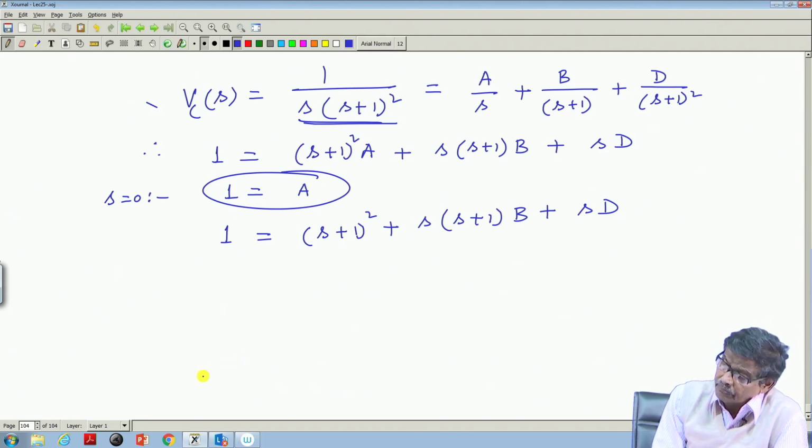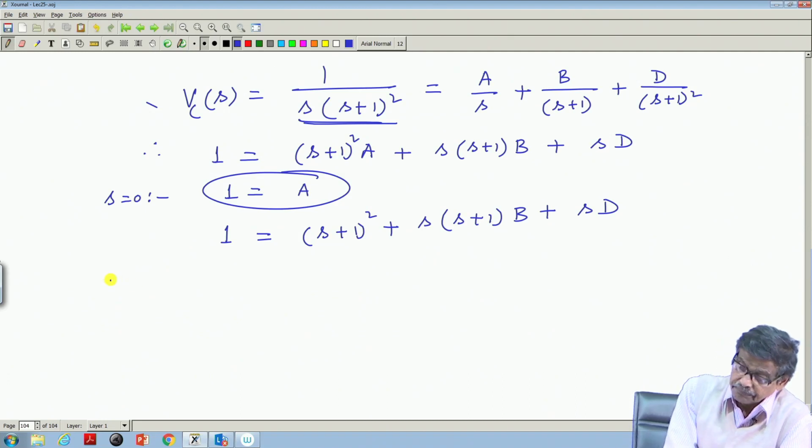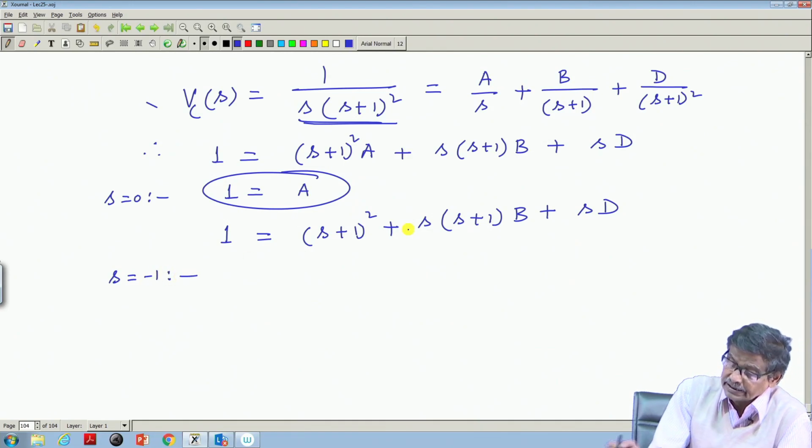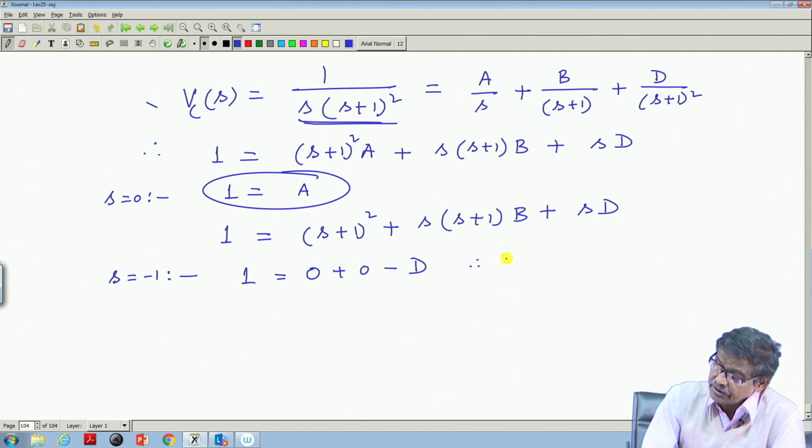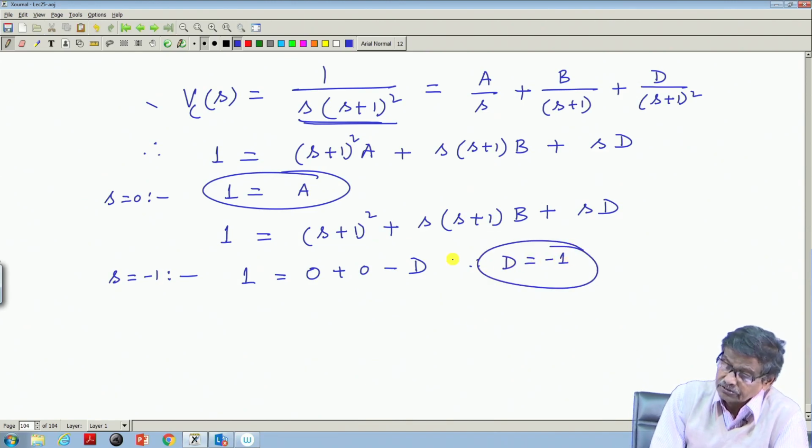Now, what you do? You put s equal to minus 1 on both sides. It is an identity. So, 1 equal to, this will be 0, this will also be 0, and you will be left with minus D. Therefore, you find D is equal to minus 1, D is also obtained.